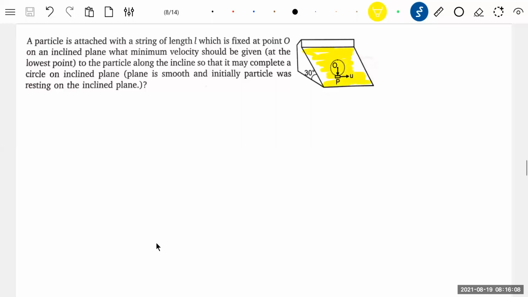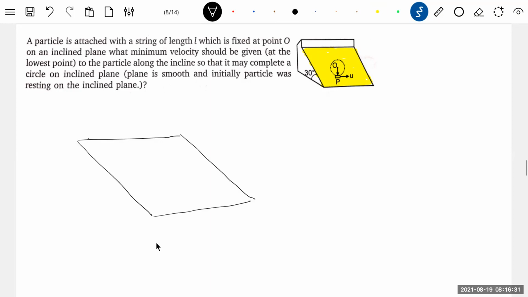Then what was the acceleration of the bob? The component of gravity along the incline, g sin 30. In place of g, it will become g sin 30. I'll try to explain through a diagram. So here it is going to move in a circle.